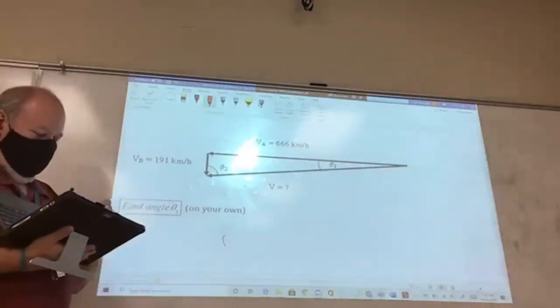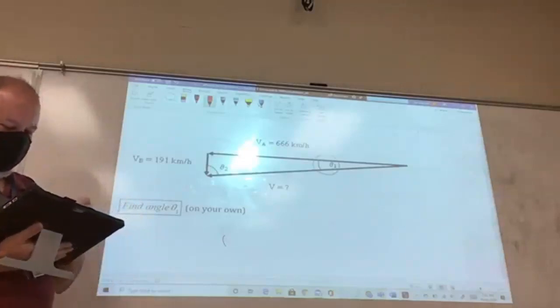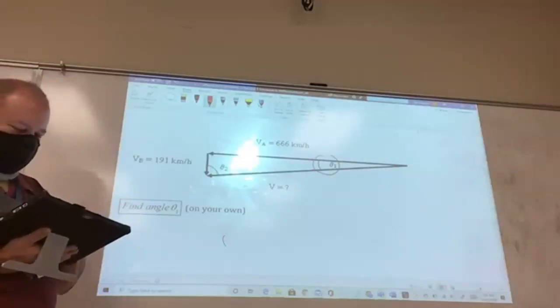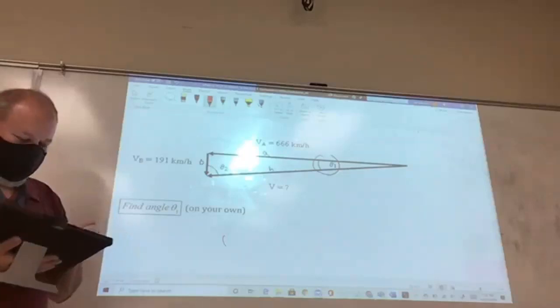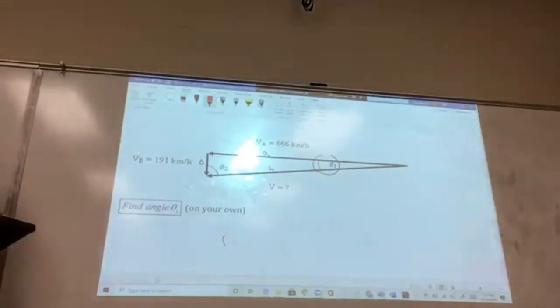Find angle theta 1. That's this angle. Okay? And again, the hypotenuse is the longest side. Now, this over here is the opposite side, and this is going to be the adjacent side. What 2 sides do I have in this case? Adjacent and opposite.